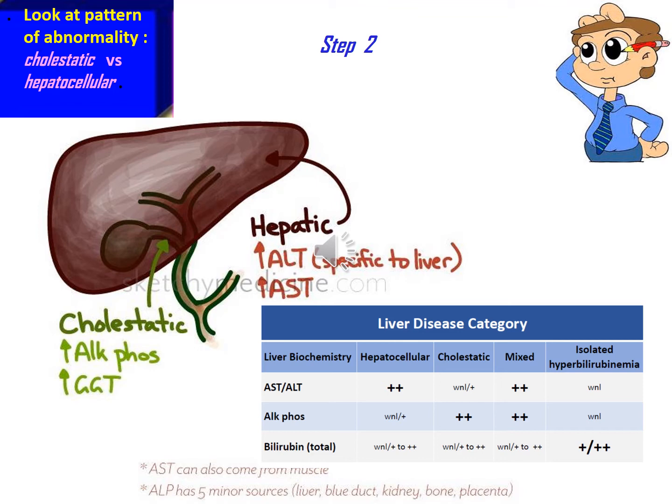This is very important to avoid one of the common pitfalls, even of clinicians. They consider bilirubin as a denominator of cholestasis. Meanwhile, no, bilirubin has two faces. It can be a denominator of cholestasis, and it can also be a feature of liver cell injury.